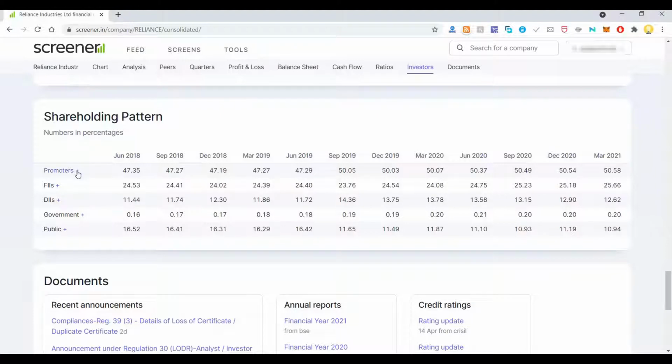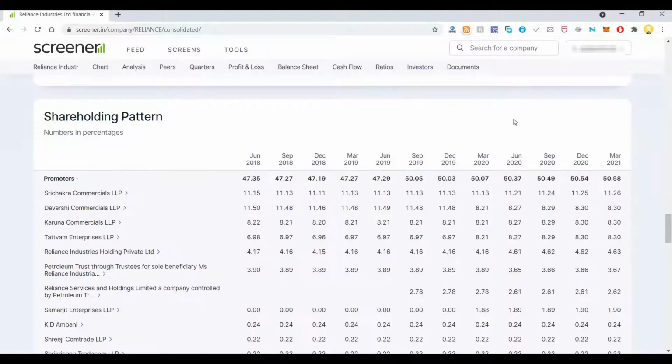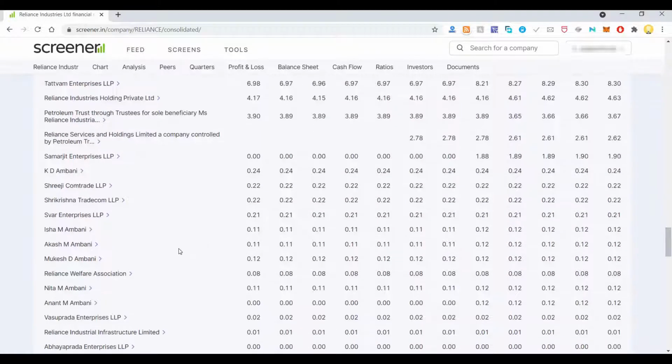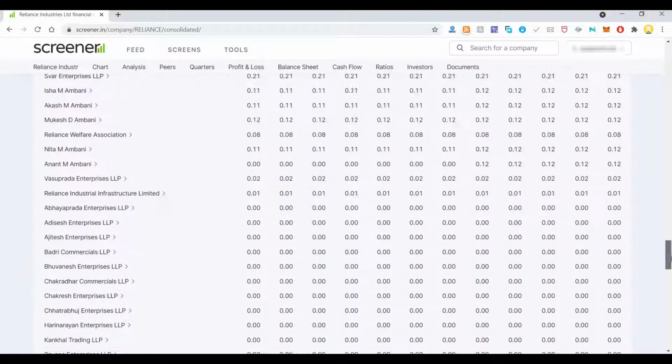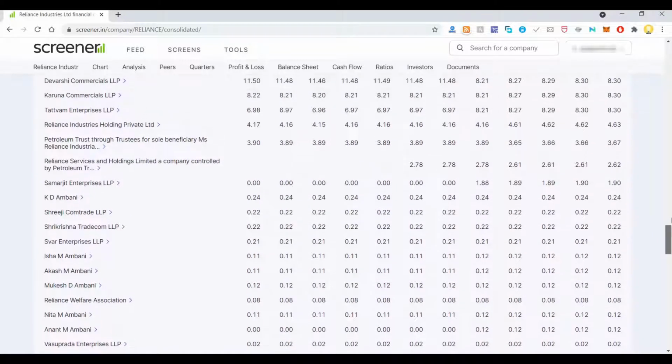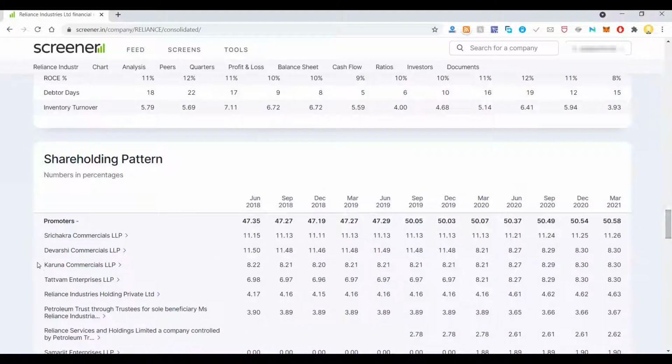So this promoters is mostly Reliance. So if you see here, you can see Isha Ambani, Mukesh Ambani, Akash Ambani, Reliance Welfare Association, Nita Ambani, and all Reliance shareholders here.